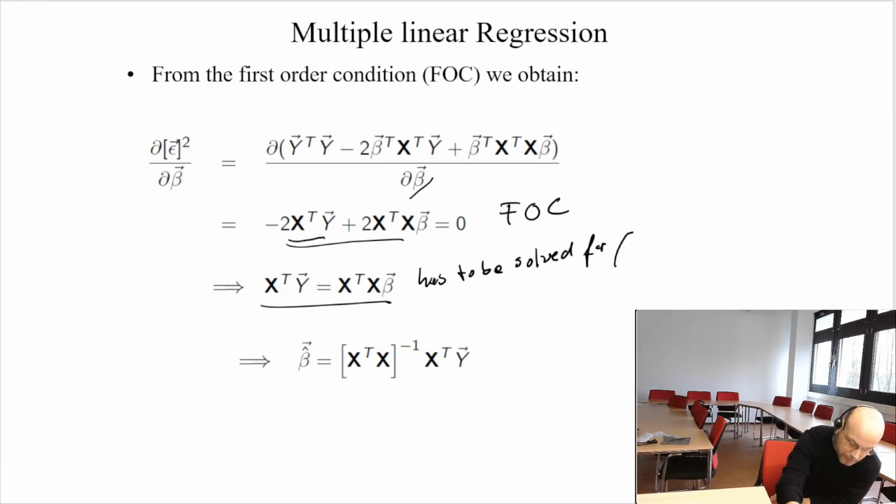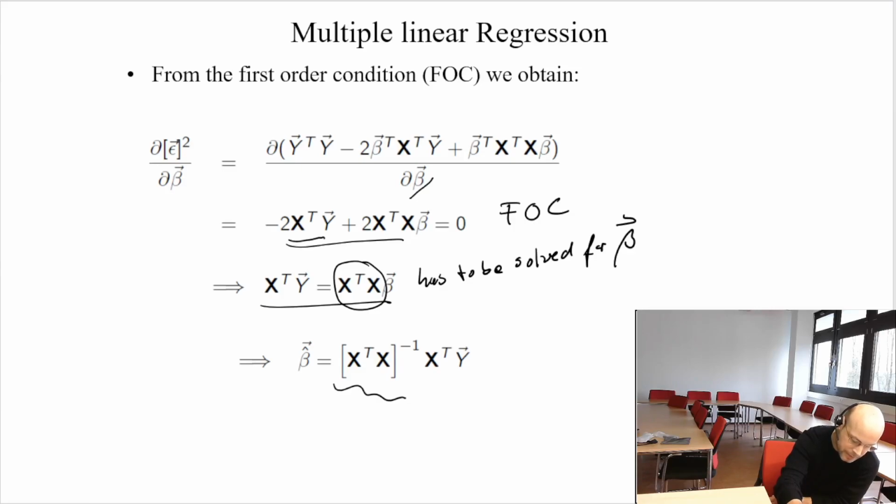For beta, well, if you have only the simple linear regression, then we would just divide, if this is a number, by this number to obtain beta. And if we are in the vector calculation, then of course we have here just to calculate the inverse of this matrix.